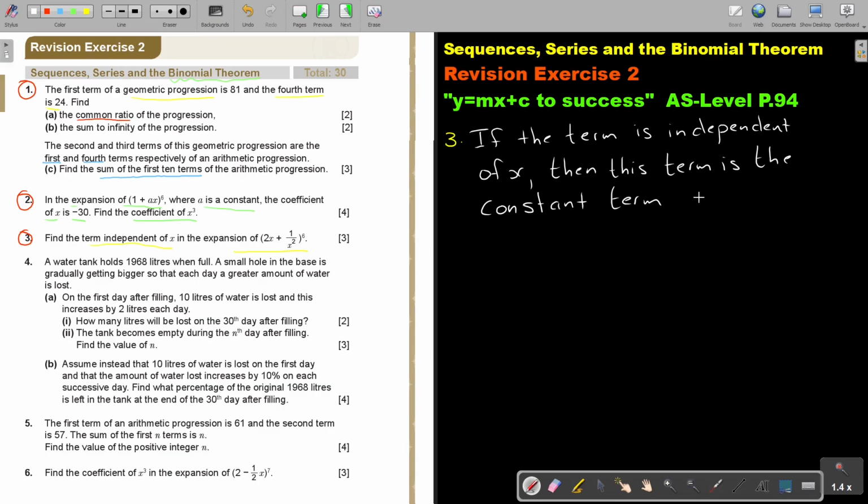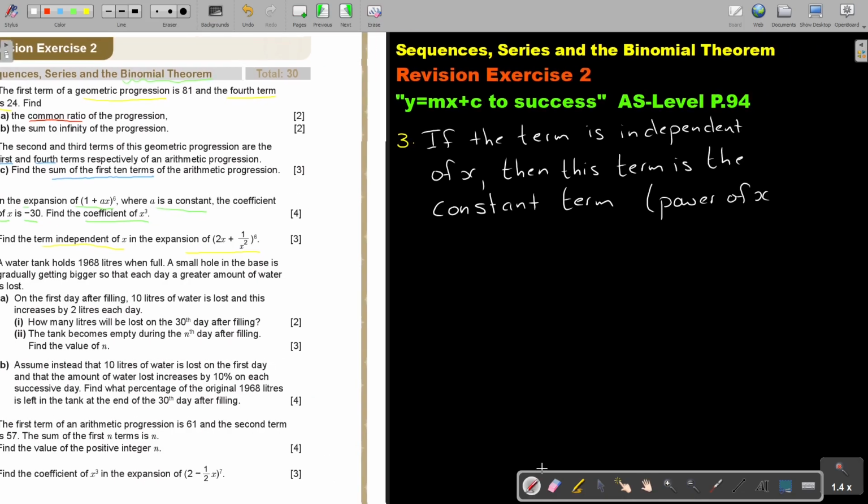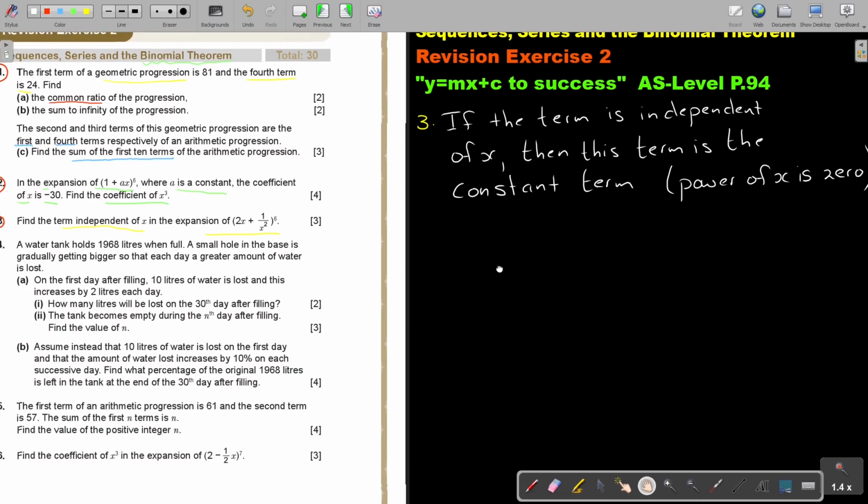Okay, so therefore the power of x is 0. Okay, so let's just start by doing that.